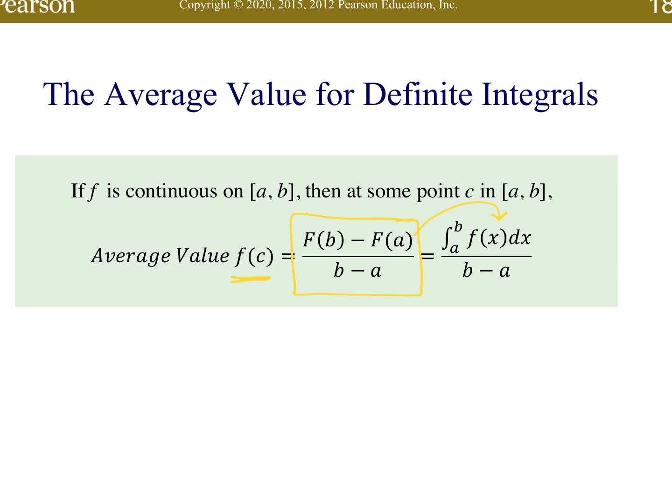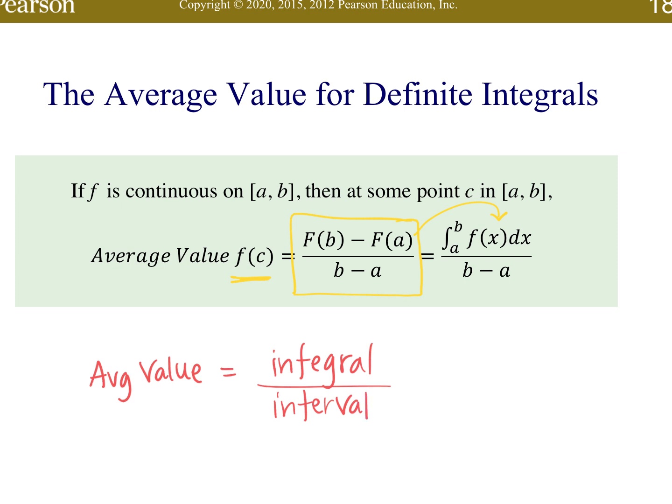All right, so there's a little memory trick that I like to associate with average value. Anytime you are asked to find the average value of something, it is the integral divided by the interval. Integral divided by the interval.